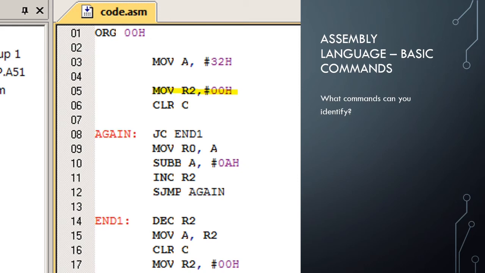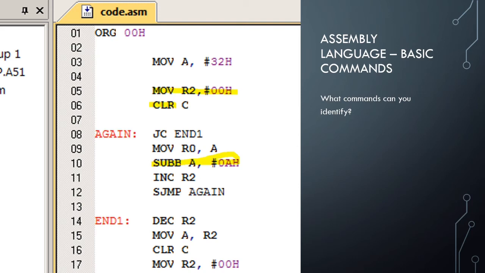But moving on to the next line, we see the clear command. What else can we see? We see a subtraction command down here. This should really only have one B. It should just be SUB. But so we're subtracting the hexadecimal number A from the location A. This would typically be a register or a memory location.